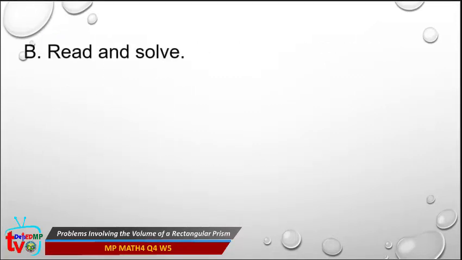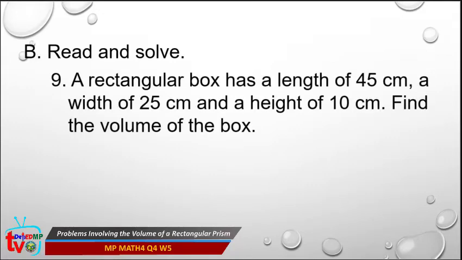Read and solve. Number 9. A rectangular box has a length of 45 centimeters, a width of 25 centimeters, and a height of 10 centimeters. Find the volume of the box.